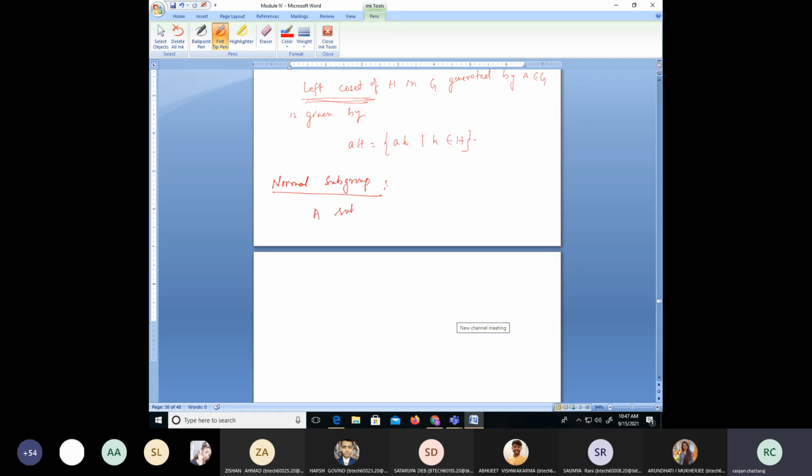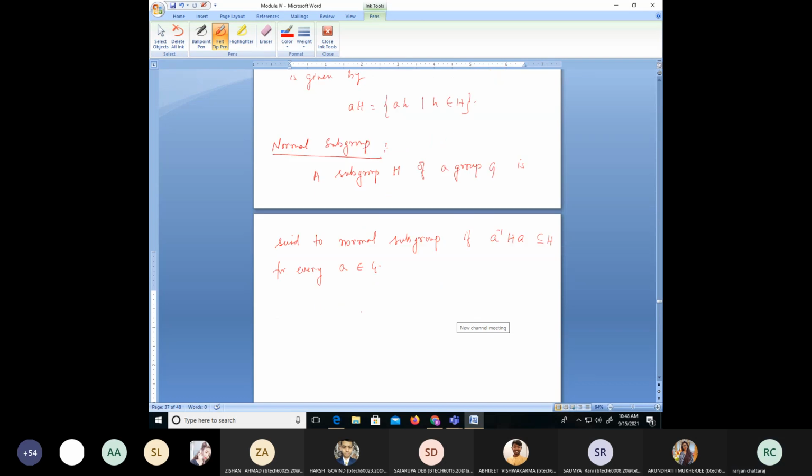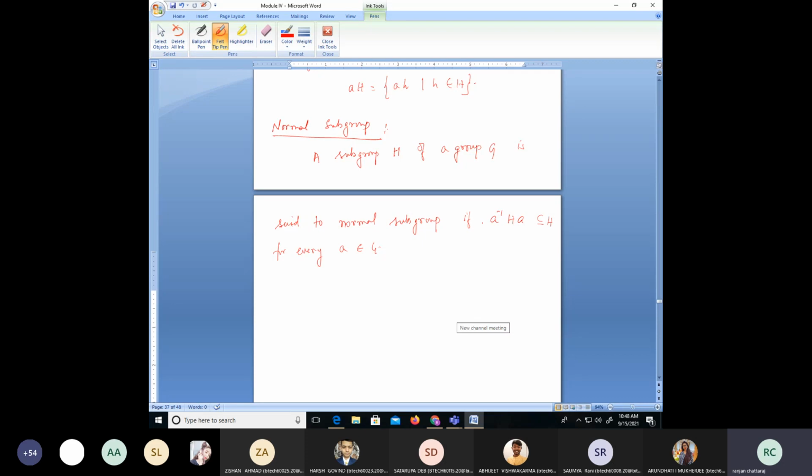A subgroup H of a group G is said to be a normal subgroup if A inverse H A is a subset of H for every A belongs to G. So what is the meaning of this?